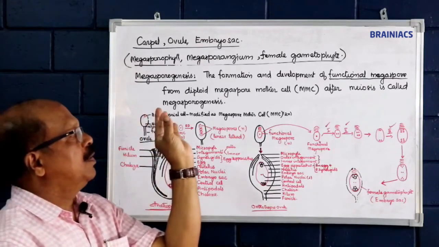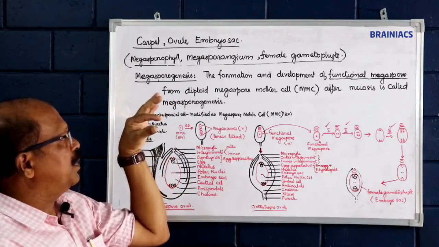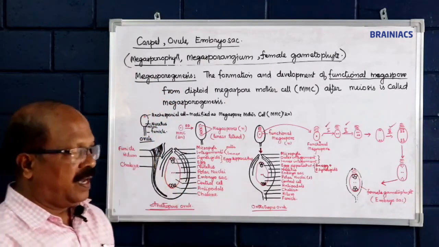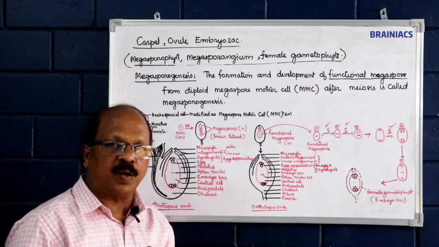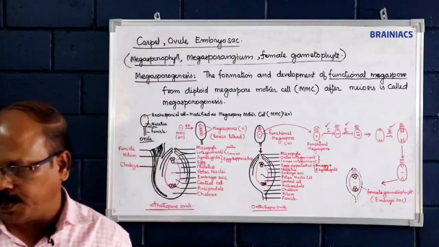This is orthotropous, this is hemianatropous, this is anatropous, amphitropous, circinotropous. Different kinds of ovules will be there. Points to remember.